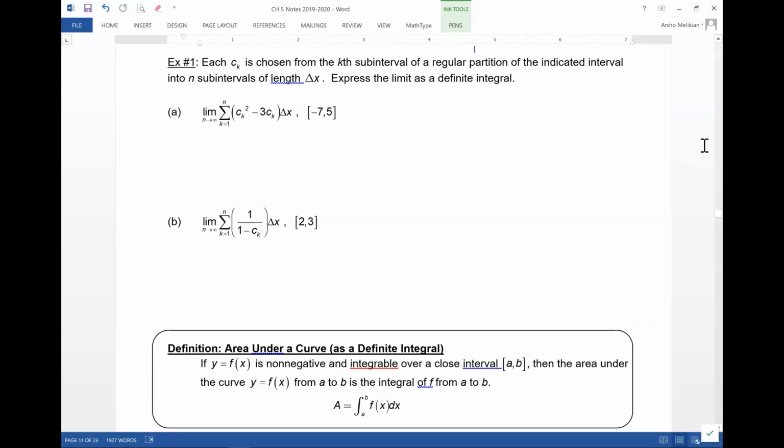Here, each c is chosen from the kth subinterval of a regular partition of the indicated interval into n subintervals of length delta x. Estimate the limit as a definite integral.